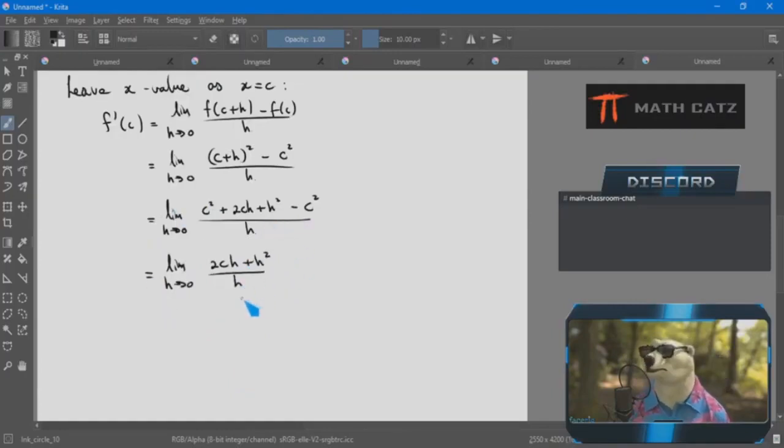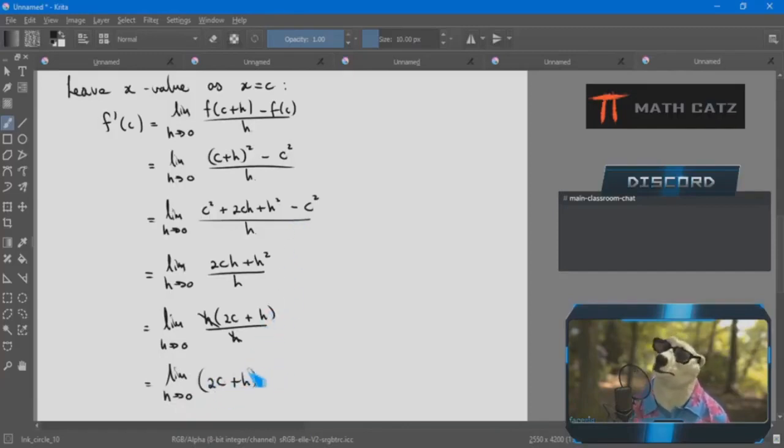Now I see, oh, well, the form of this limit is still 0 over 0, which means I need to try and simplify this more. I can do that by factoring out an h at the top, get 2c plus h over h. The h's cancel. I then have the limit being the same as the limit of 2c plus h.